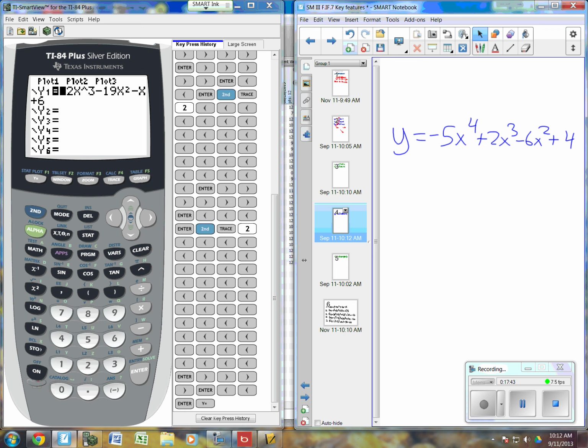Without saying anything out loud, tell what the end behavior is going to be. Now discuss in your groups. What is the end behavior going to be without graphing it in your calculator?